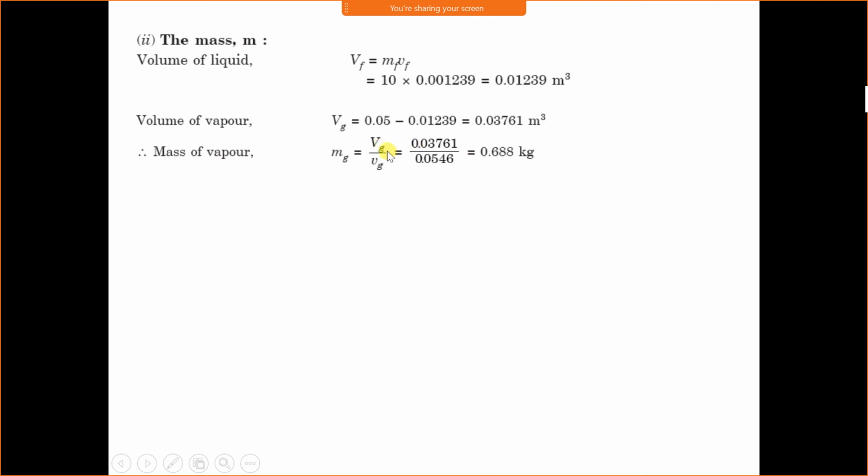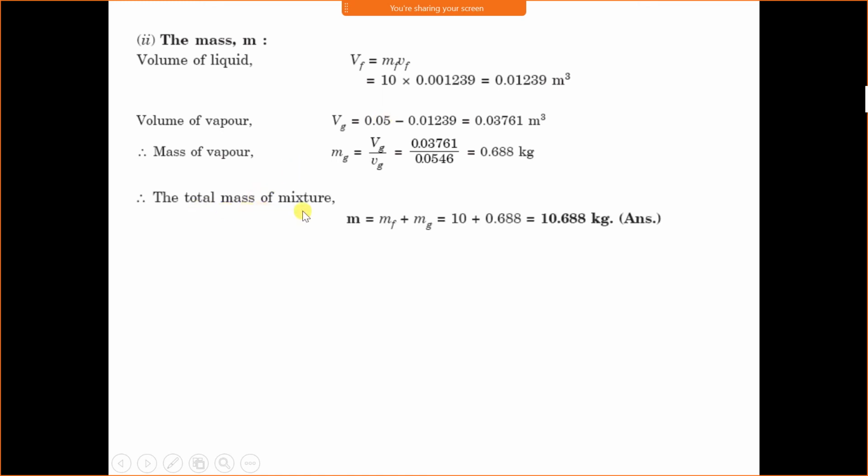Capital Vg is 0.03761 and small vg is 0.0546. Here we have taken small vg 0.05. Okay, no problem. We could have taken 0.0546 also. The difference will not be much.